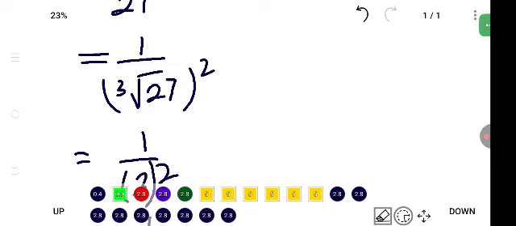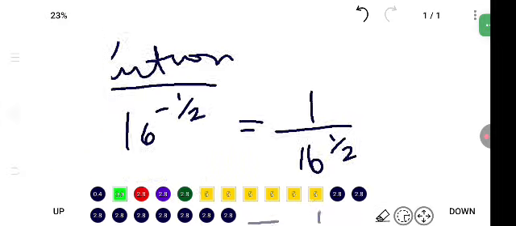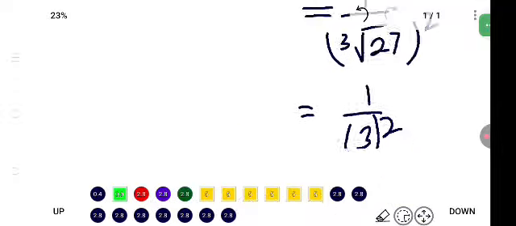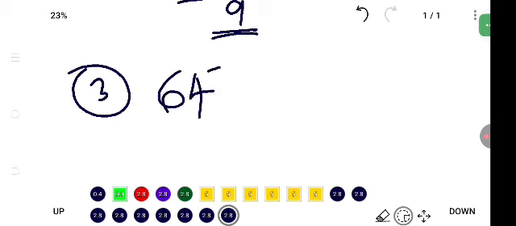Number 3, we have 64 raised to power minus 1 over 3.